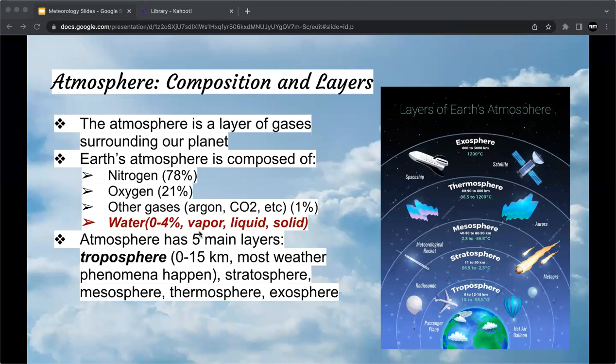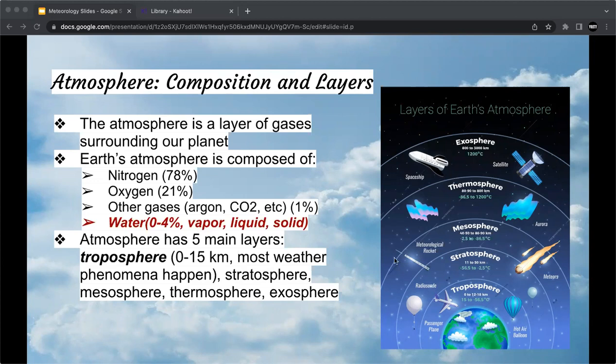Water vapor, or just water in any form, is also important because it's responsible for many phenomena. And over here we see it varies, because in some places it's a bit more dry, so there's less water, and other places it's a bit more humid, so those would have higher concentrations of water.